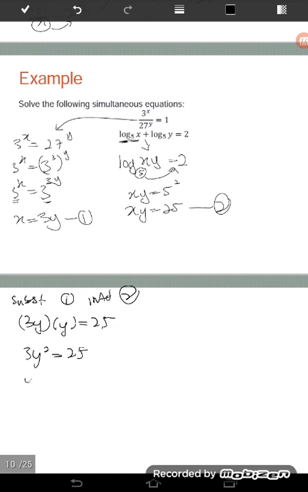So y power of 2 is equal to 25 divided by 3. So y is equal to square root of 25 divided by 3, which is equal to positive negative 2.887. Then after you find the value of y, we need to find the value of x.